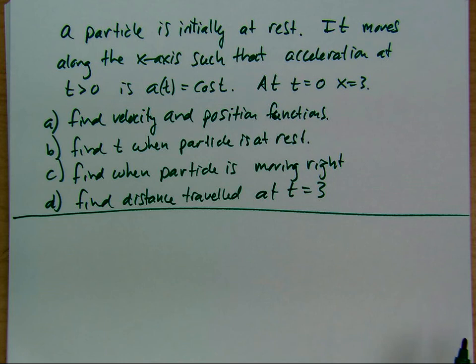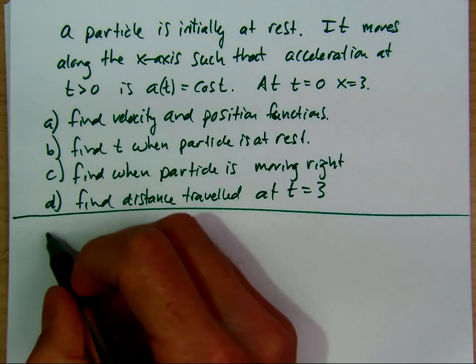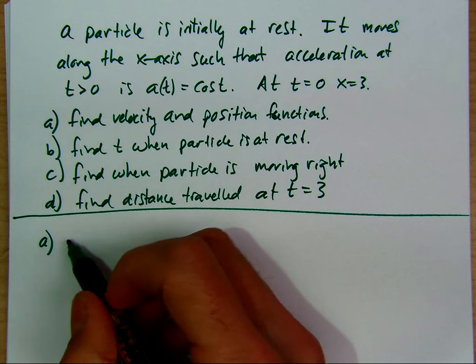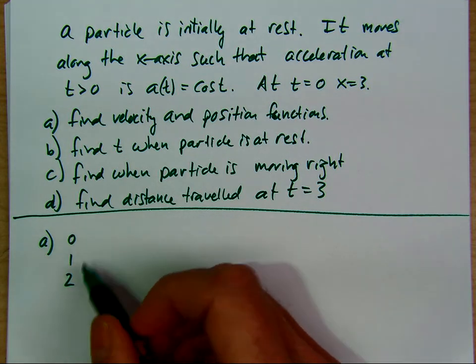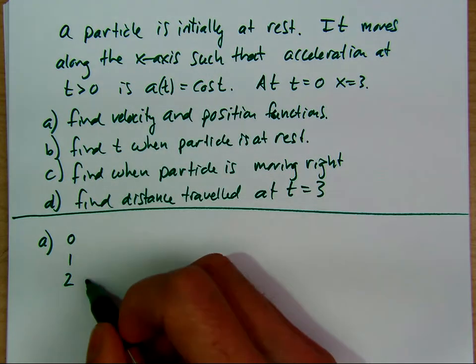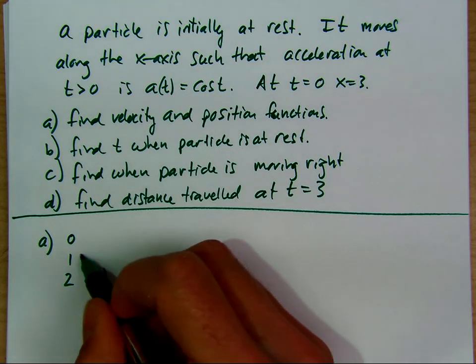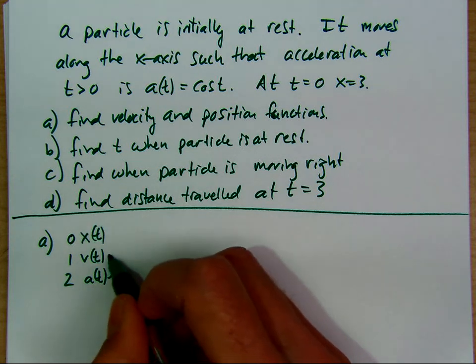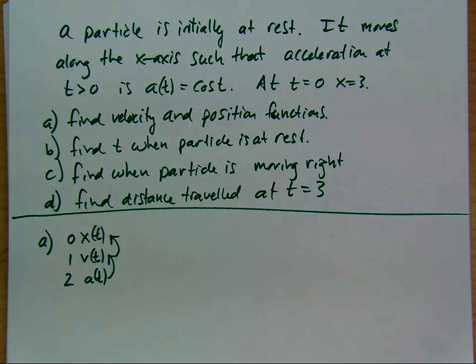And here we go. Find the velocity and position functions. Well, let's consider where we're starting. We're given acceleration. Find velocity and position. We need to move up, so that's the antiderivative.